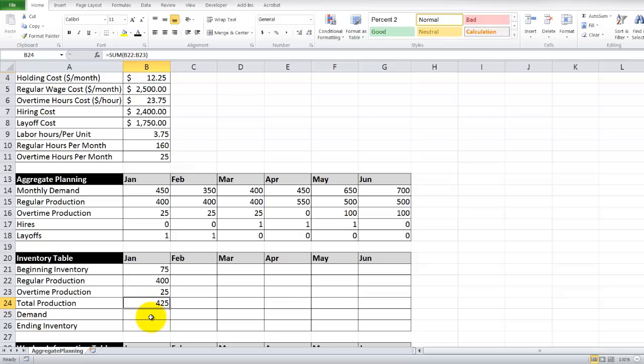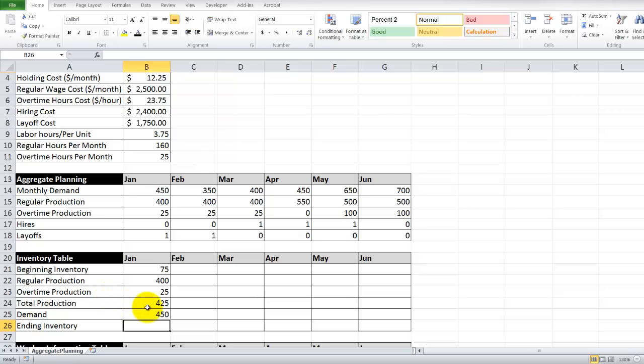The demand is going to be referenced up to the demand in the table of 450. And again, yes, we do have an overlap of information. We could have just referenced some of this information in our ending inventory cell, but sometimes it's a good idea to repeat information so it's all logically together.